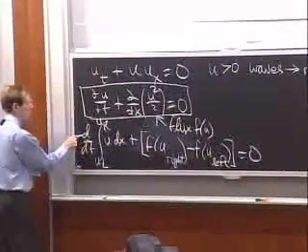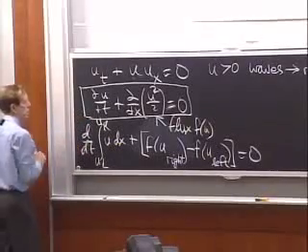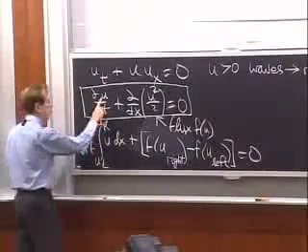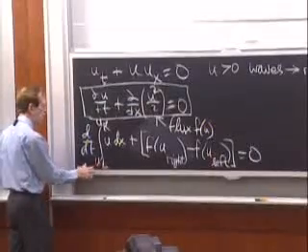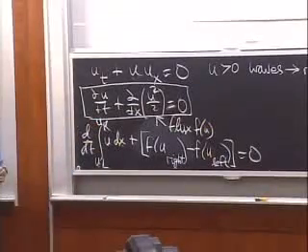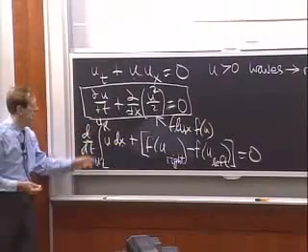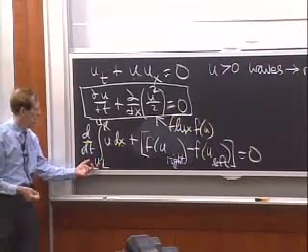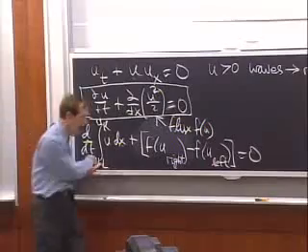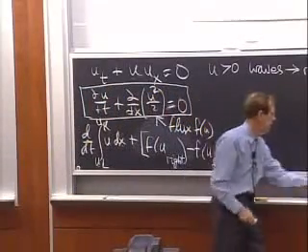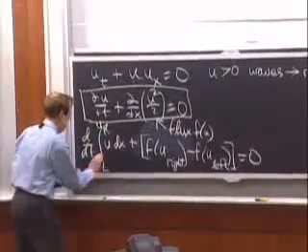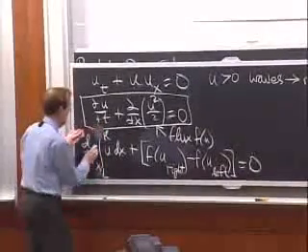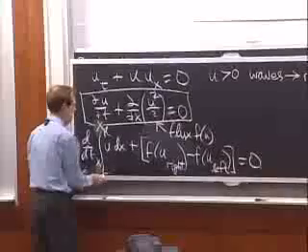So I can call d by dt the integral of u with respect to x, and I'm integrating from some point x at the left to some point x at the right.